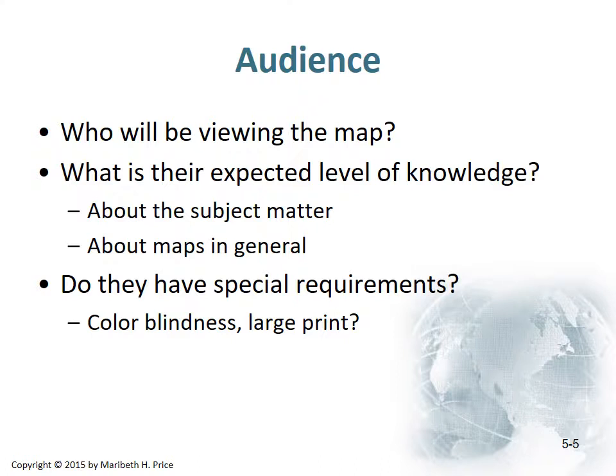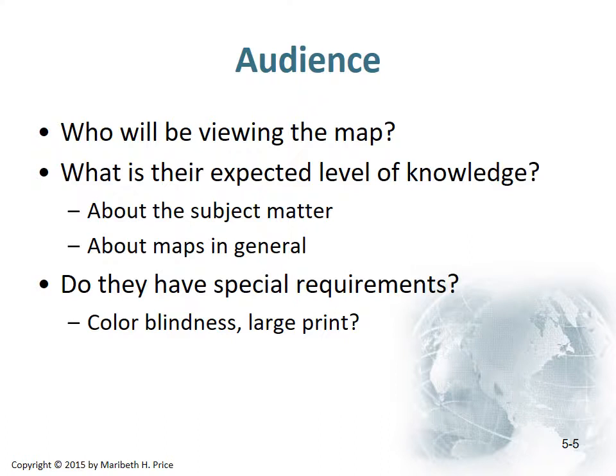Sometimes cultural issues come into play, especially with color. Certain colors you might want to avoid if they're associated with bad connotations. For example, black, often associated with death, is something that you may want to choose to avoid if you're designing maps that will be used in certain countries where black is traditionally avoided unless you're talking about funeral arrangements for someone or something like that.